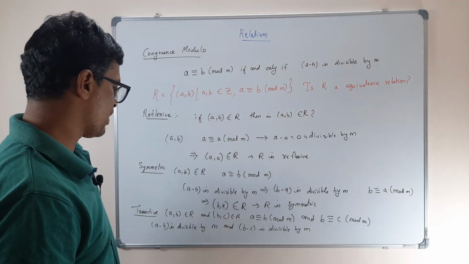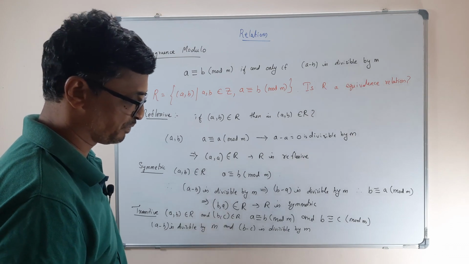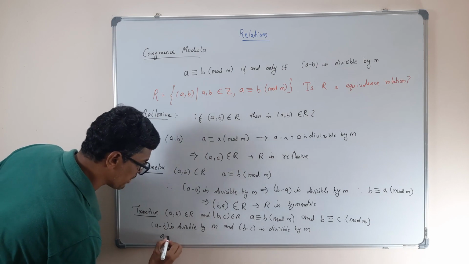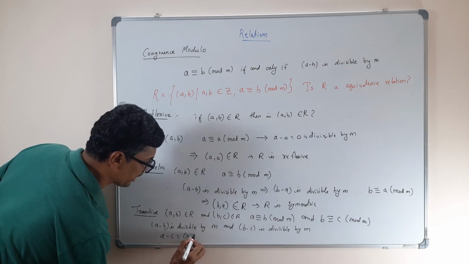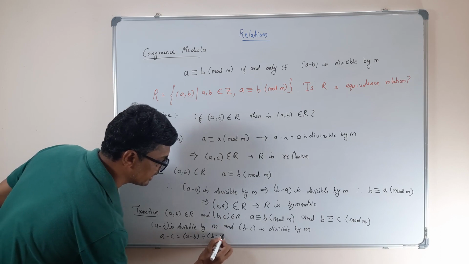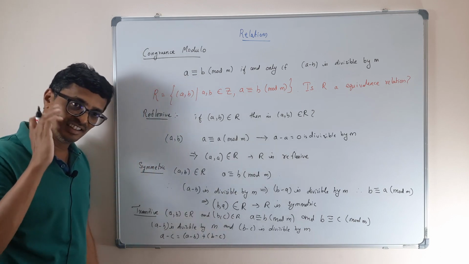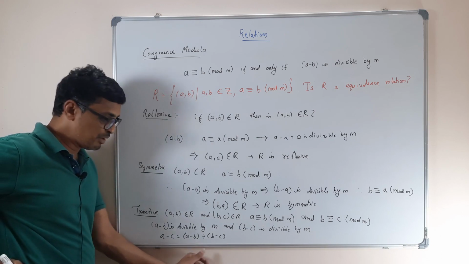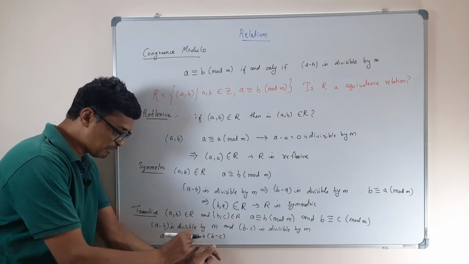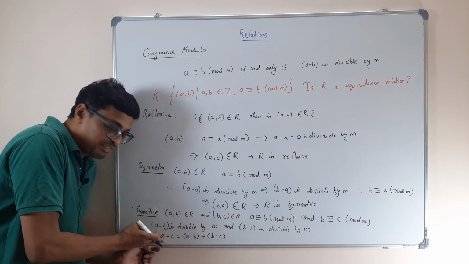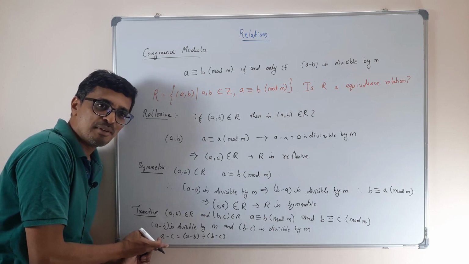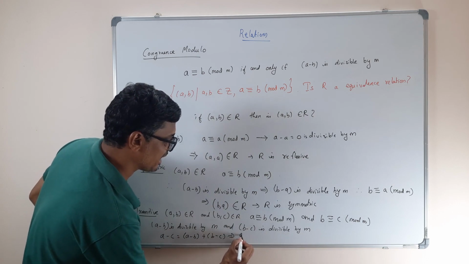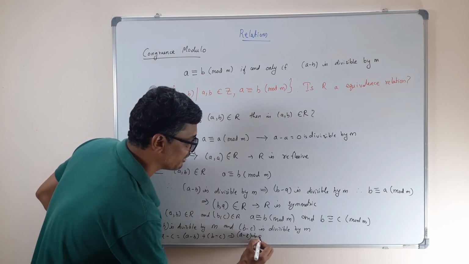So, will a minus c be divisible by m? Simple, na? a minus c can be written as a minus b plus b minus c. Am I right? If a minus b is divisible by m and b minus c is also divisible by m, of course, then a minus c should be divisible by m.